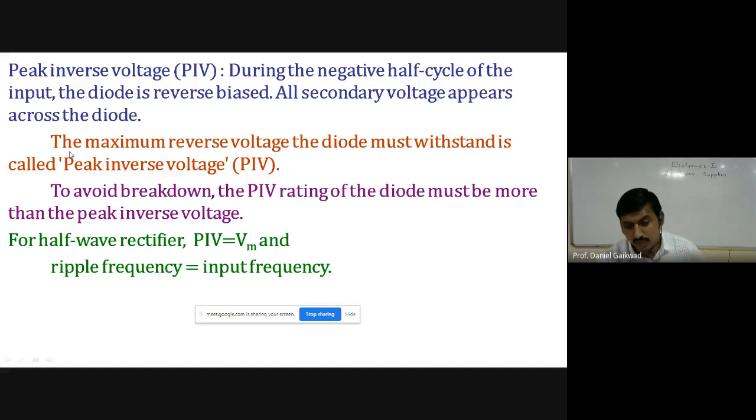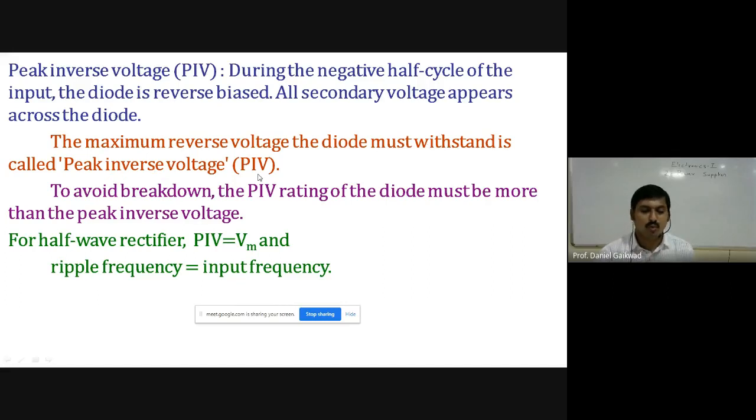Now check carefully. The diode has a certain capacity to handle the negative voltage, the voltage in reverse bias. Suppose the diode has a capacity of 10 volt. That 10 volt is called the peak inverse voltage. The maximum reverse voltage the diode must withstand is called peak inverse voltage.